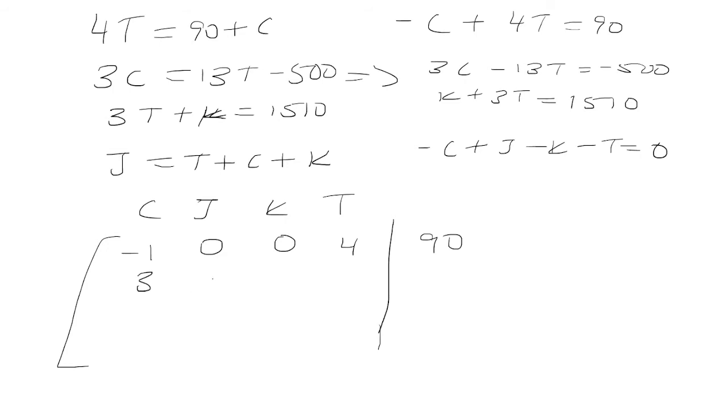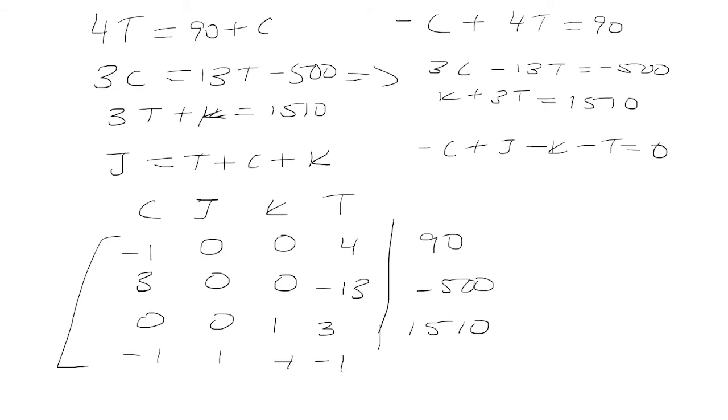And then we have 3C, negative 13T equals negative 500. K plus 3T is 1,510. Negative C plus J minus K minus T equals 0.